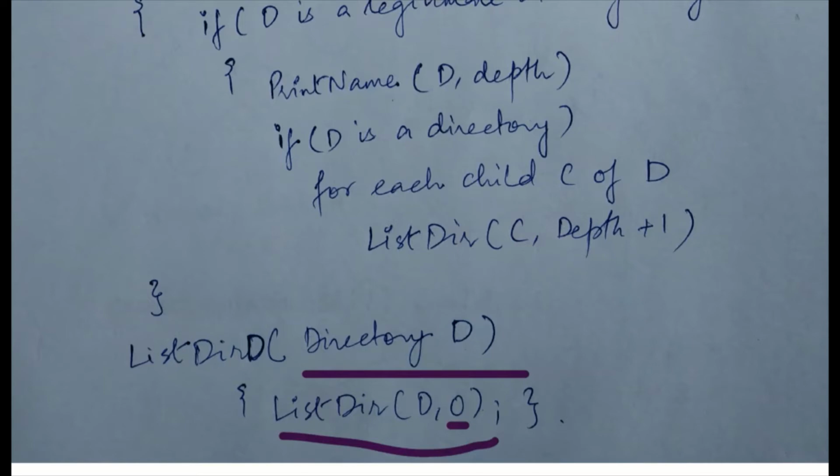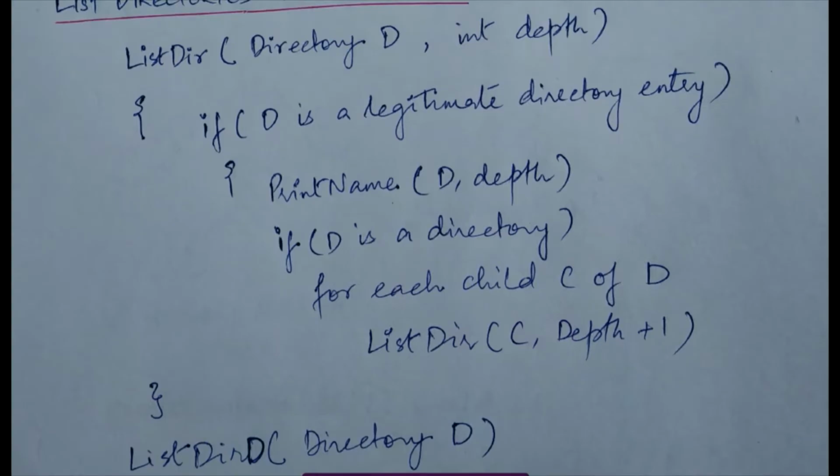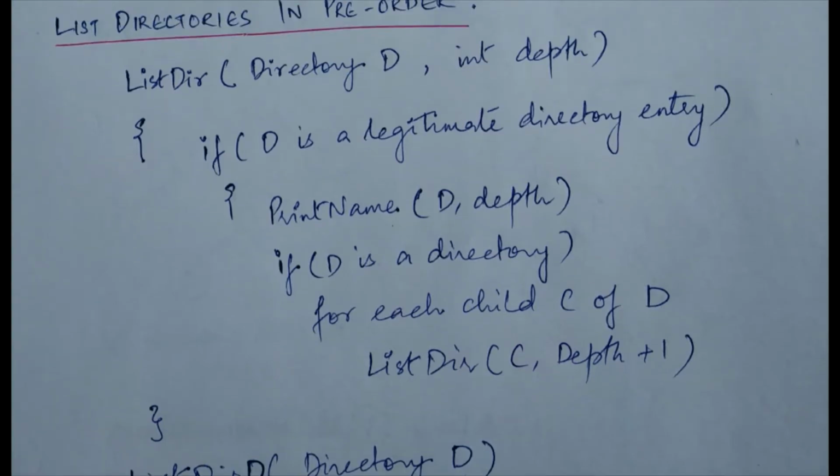In Linux and Unix, you usually see, I am at the root directory, and then I go to other directories from there by using some commands. So I call this directory D with a depth of 0. If D is a legitimate directory entry, then I print the name, and its depth. Okay, that's here.